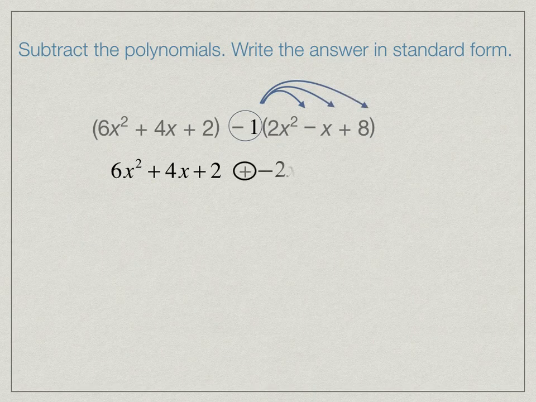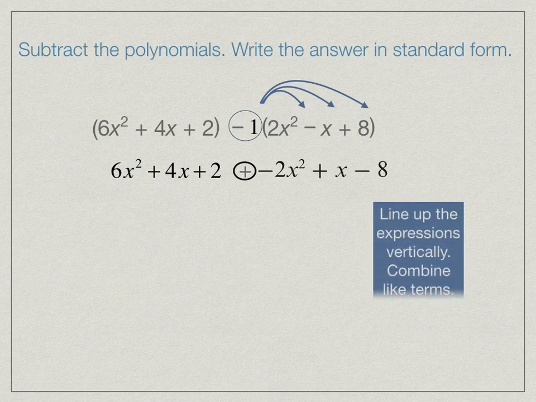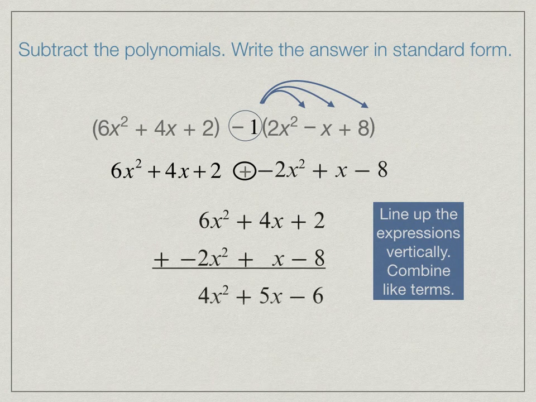So now we'll rewrite the second polynomial as adding the opposite of each term. Now we can line the expressions up vertically, and we can combine our like terms. Because notice, once you rewrite it as an addition problem, you're just adding polynomials, which is something that we probably feel more comfortable with.